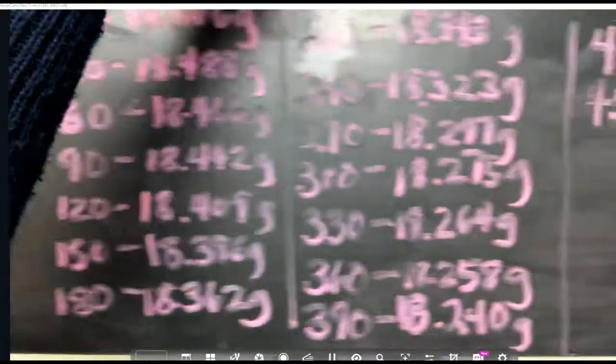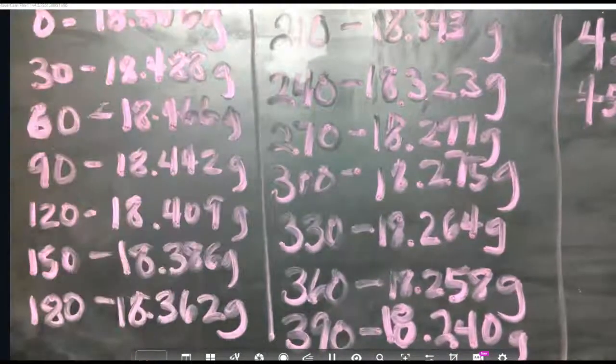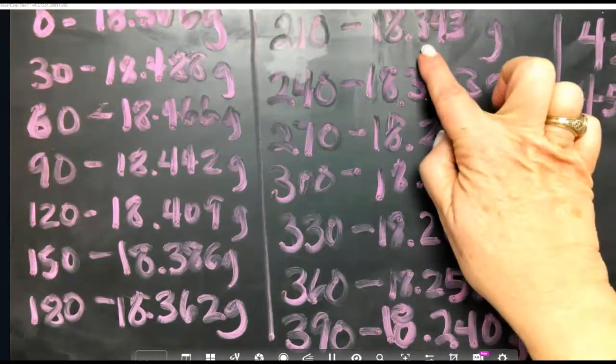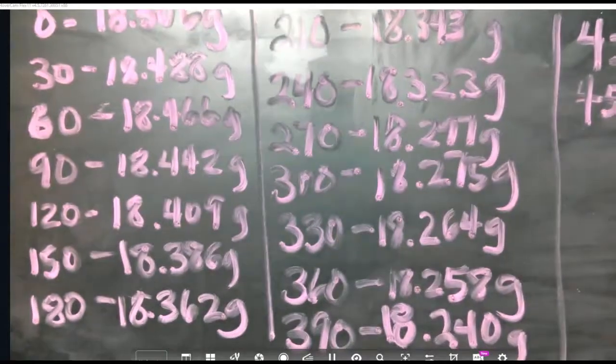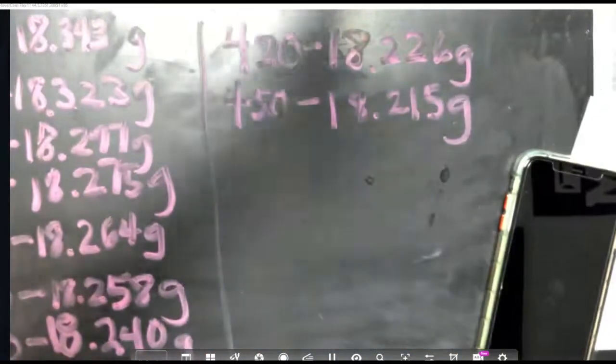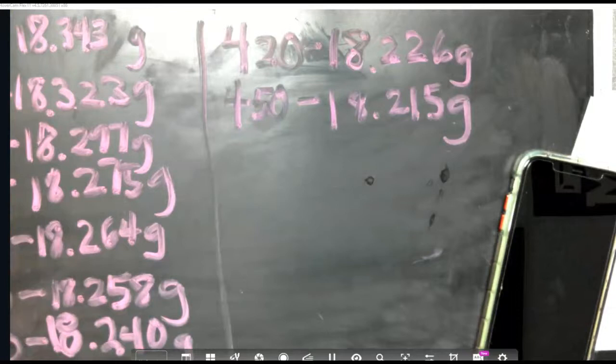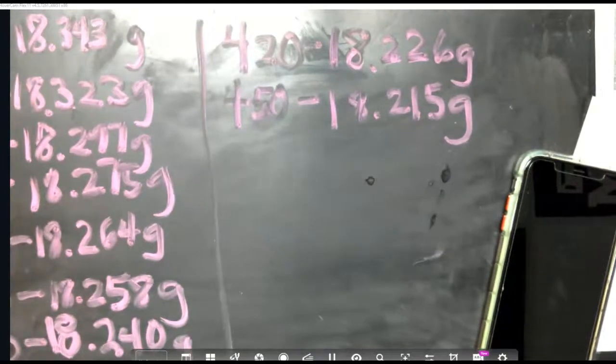And then we have the data for 210 through 390 seconds. That is an 18.343 right there, everybody. And then our final two data points were these two right here, 420 for 18.226 and 450 for 18.215.